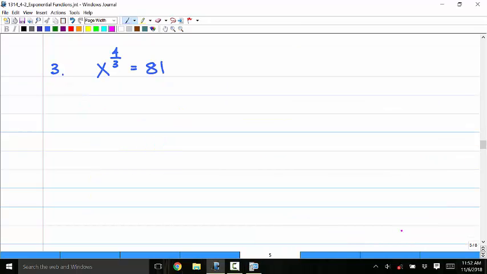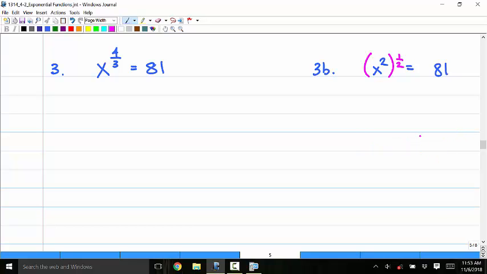I want you to see an example like number 3, because let's go do a 3B first. If I were to tell you to solve x squared equals 81, what do you guys want to do? Square root, right? But I'm going to tell you, you're no longer doing the radical symbols. You're going to have to use fraction exponents. The square root of a is a to the 1/2, right?